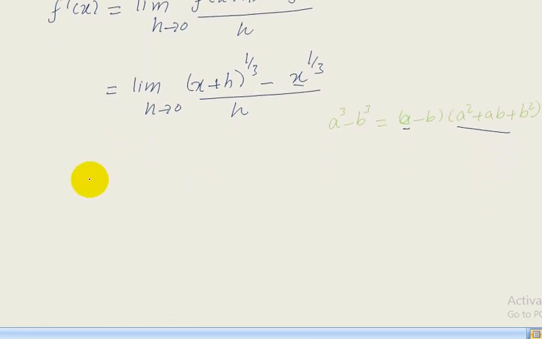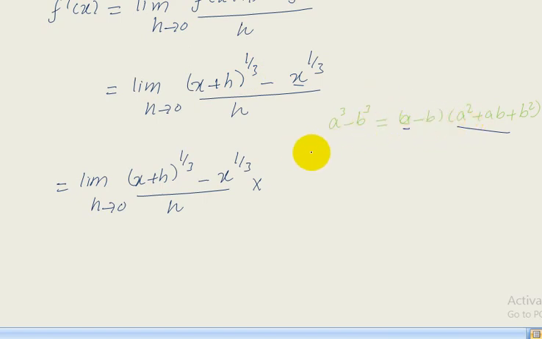Now we can write it as limit h approaches to 0, x plus h whole raised power 1 upon 3 minus x raised power 1 upon 3 divided by h. We multiply this as x plus h whole raised power 1 upon 3 is our a.